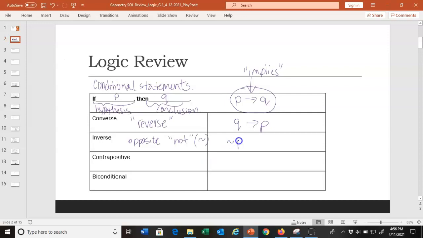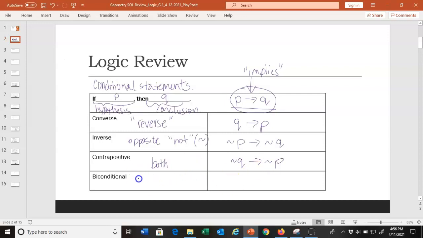So it would be not P implies not Q. And every time we talk about these statements, we go back to the original conditional. So I made P not by adding the squiggle. The contrapositive, you do both of these. So you flip them and make them negative. So it would be not Q implies not P.